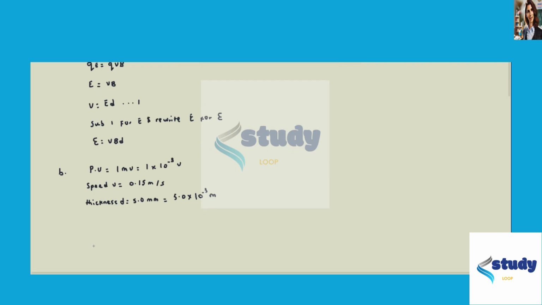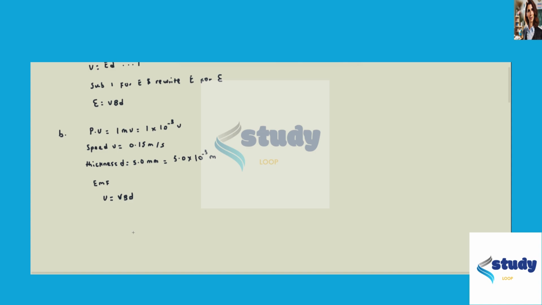To find the electromotive force, EMF, I'm sorry, so EMF, electromotive force, V is equal to, yeah, we could calculate the magnetic field B.